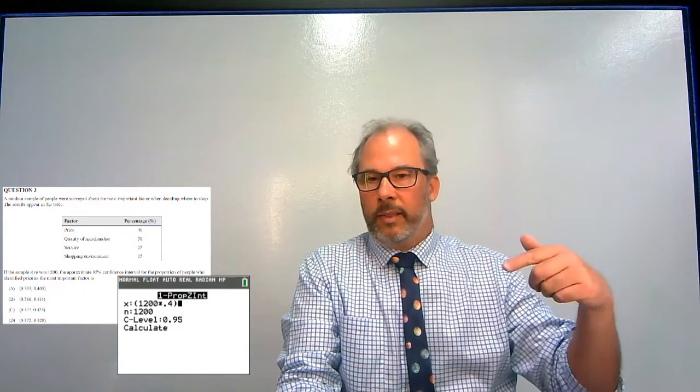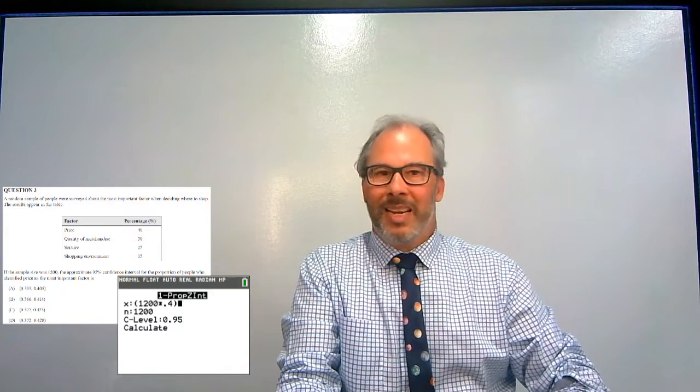So I'm going to use the calculator to determine the confidence interval here. For my calculator, it's the stats test, and I think it's A to bring up the 1-PropZInt, which is the test we use for Maths Methods confidence intervals. My X value is going to be 40% of 1,200, that's how many people were surveyed, and N is 1,200.